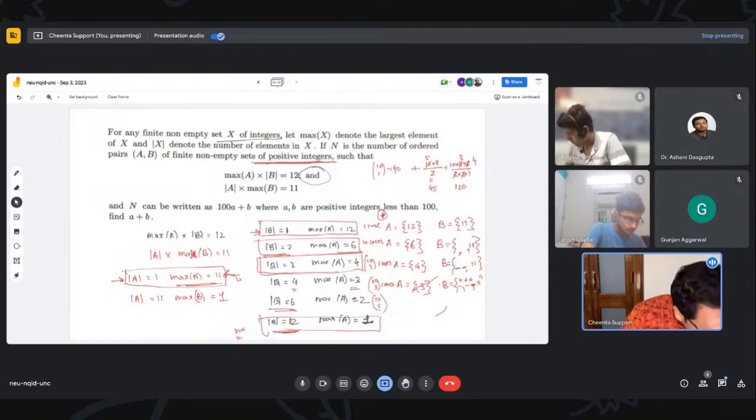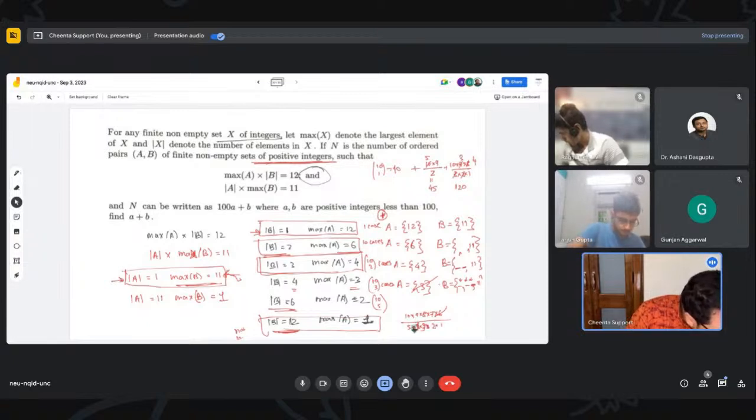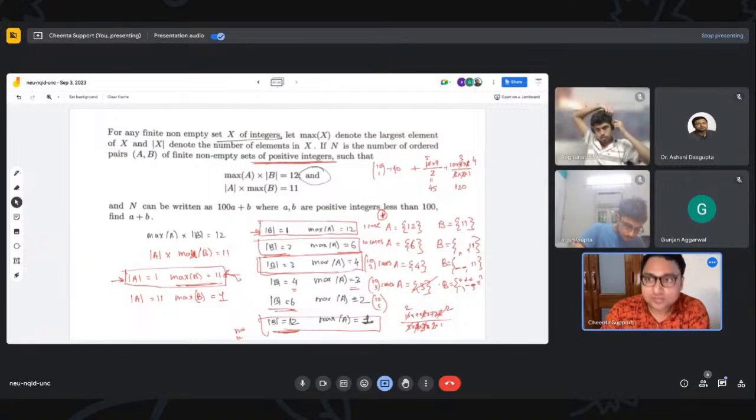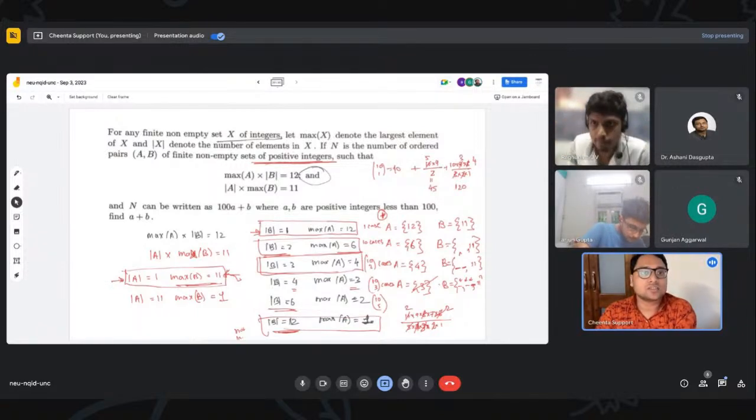And 10 choose 5 is 10 into 9 into 8 into 7 into 6 by 5 into 4 into 3 into 2 into 1. So 4 and 2 cancel 8, 3 and 2 cancel 6, 5 and 2 cancel 10. Okay, maybe I can just do the calculation. So 10 choose 5 is 252.